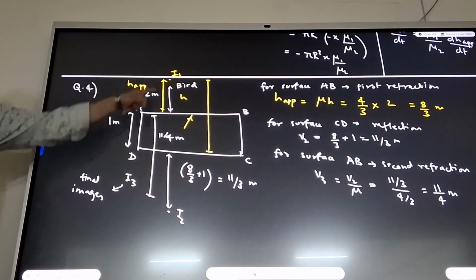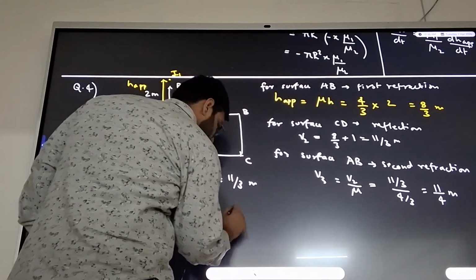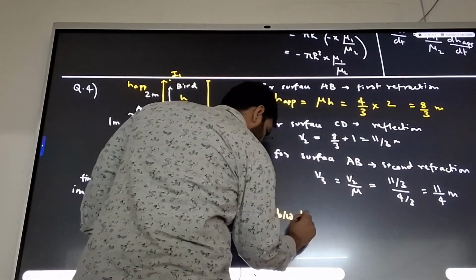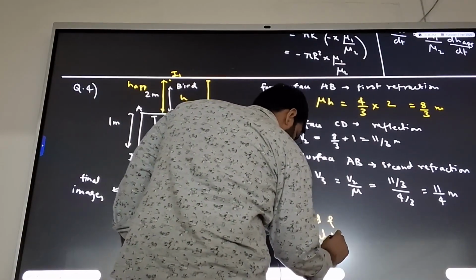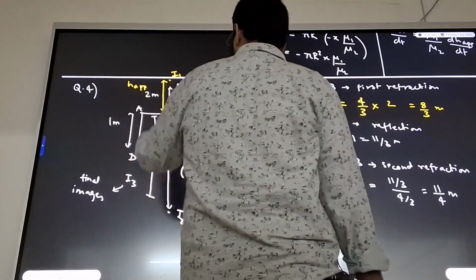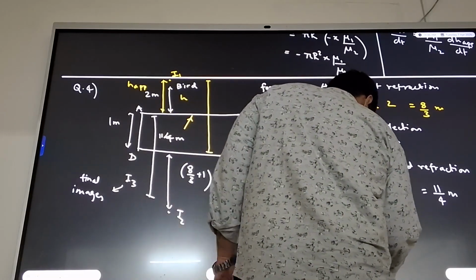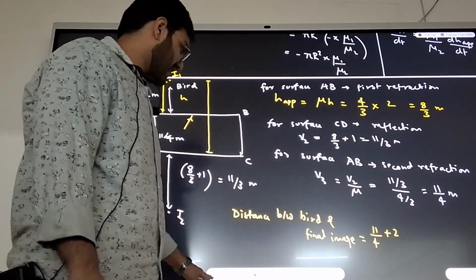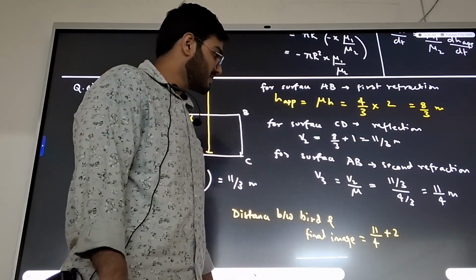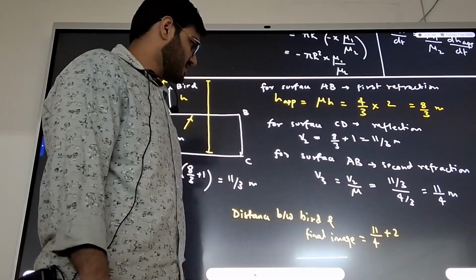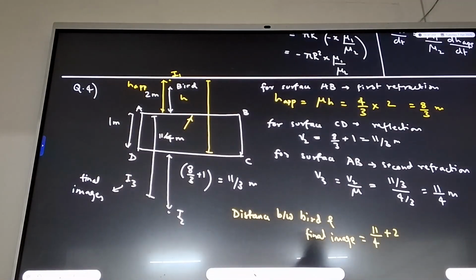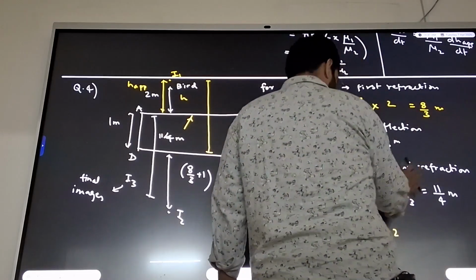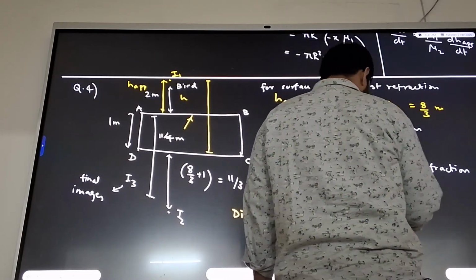Now what is the distance between the bird and the final image? It should be something like 11 by 4 plus 2. Sir, that option is not there. Maybe this was multiply, not divide. What do you mean maybe? Did I not look at the cases? Look at the cases. It has to be multiplied. So 11 by 3 should be multiplied.